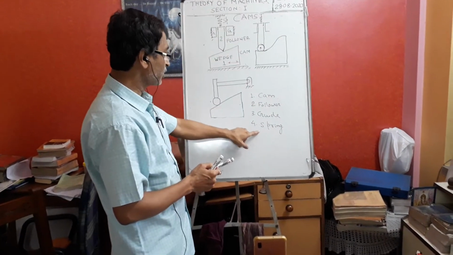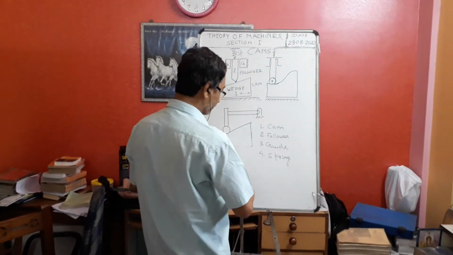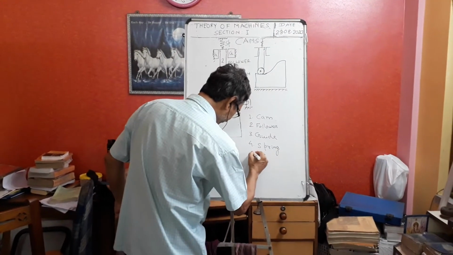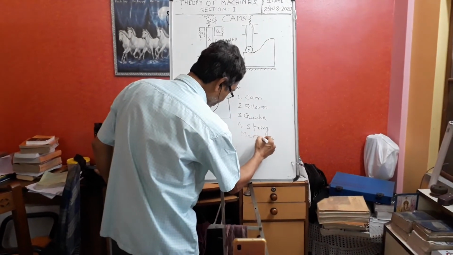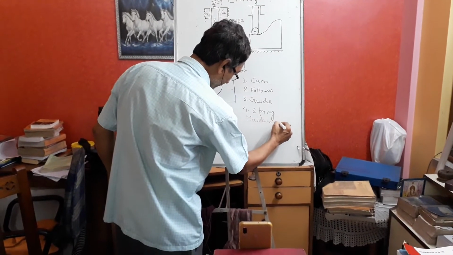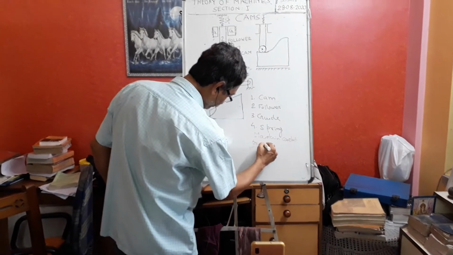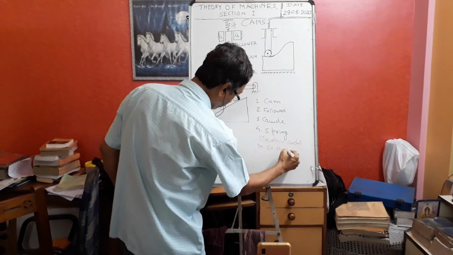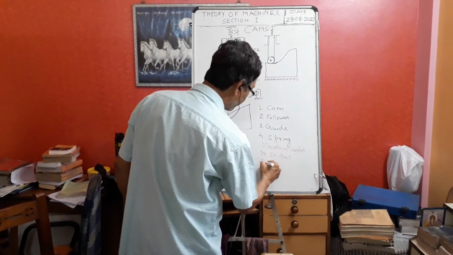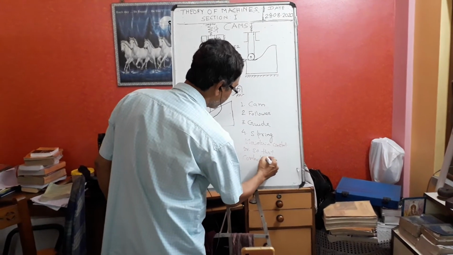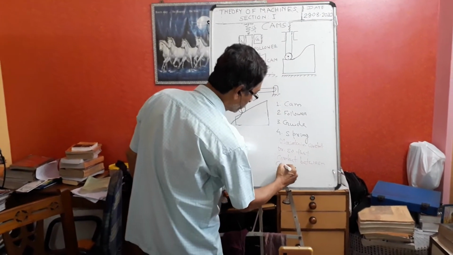So the function of the spring is to maintain a constant pressure so that contact between the cam and follower is ensured.